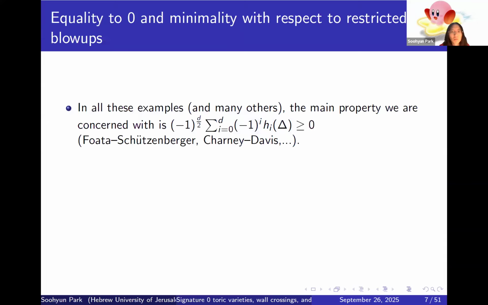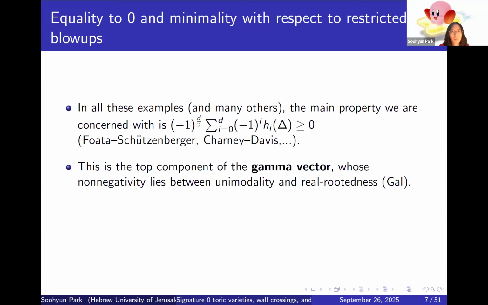Okay, so in all these examples, including both the permutation and this curvature thing, the quantity we're interested in is this alternating sum of the components of the H vector. To put it in a more general combinatorial context, this is the top component of something called the gamma vector, which is another invariant transformation of the H polynomial.